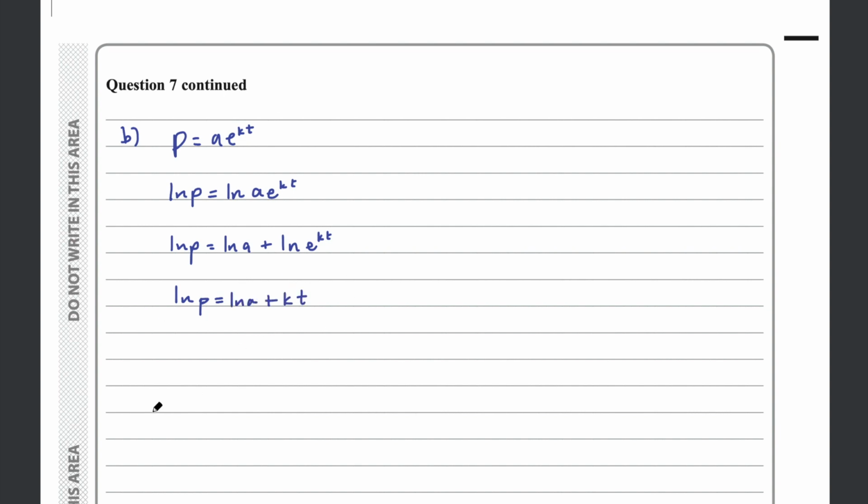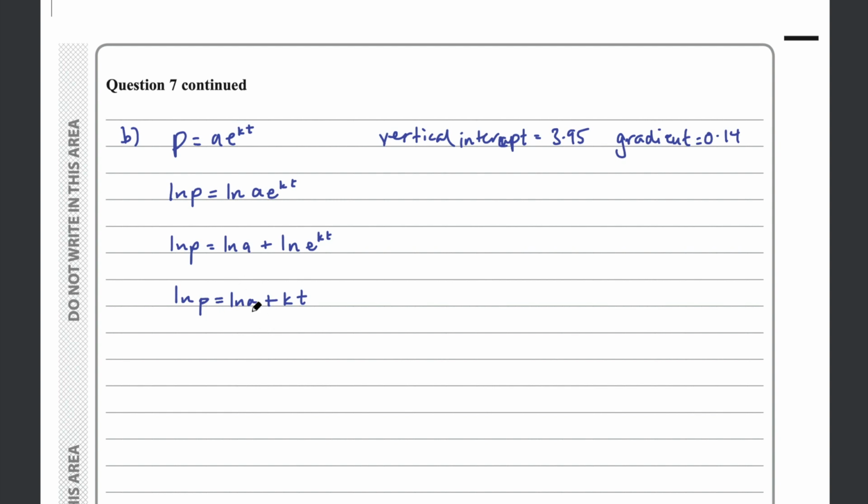And we're told that the vertical intercept is 3.95. So let's just write that information down. And the gradient is 0.14. Okay, so this is what we were graphing. This looks like a straight line equation, right?